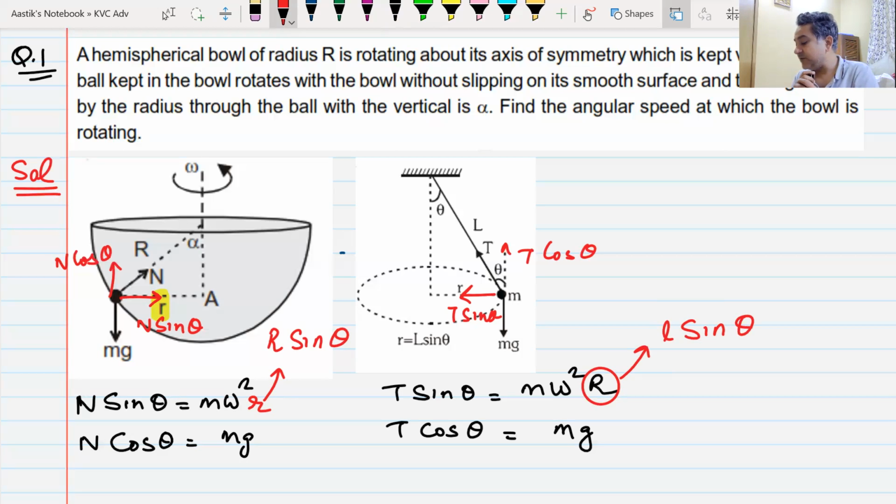Now you should be able to give me the answer for omega. What is the answer for omega?